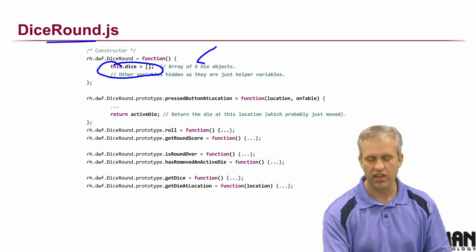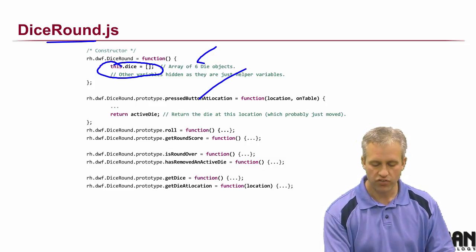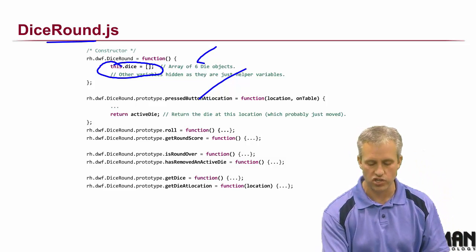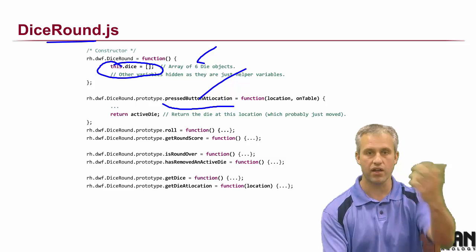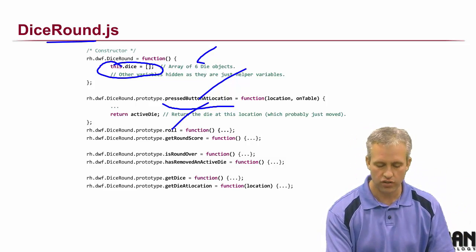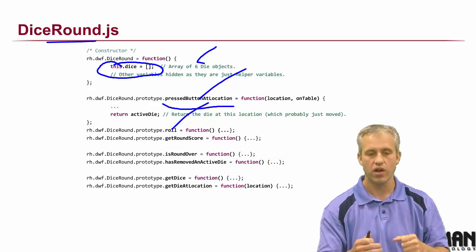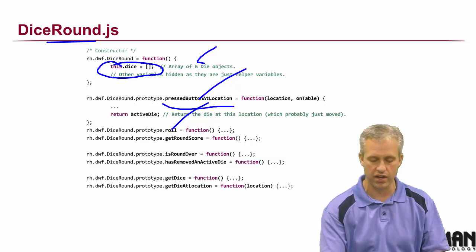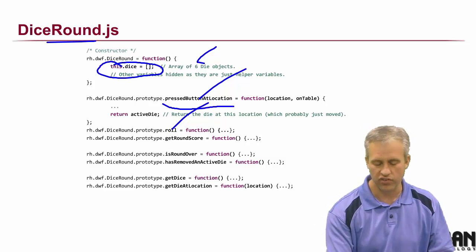It's got some other helper instance variables, but I won't mention them at this level. It's got functions where you can tell the model, hey, I pressed a button at this location, like press button at location. These are great functions for model objects. You can also tell it to roll. This is the high level roll, which obviously calls roll on all the individual dice.